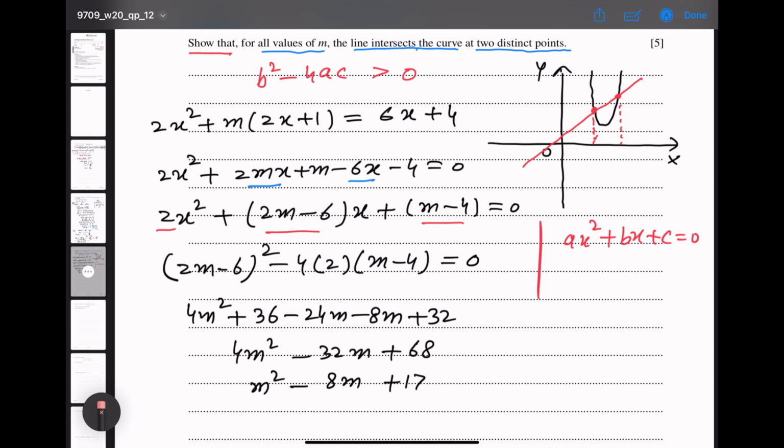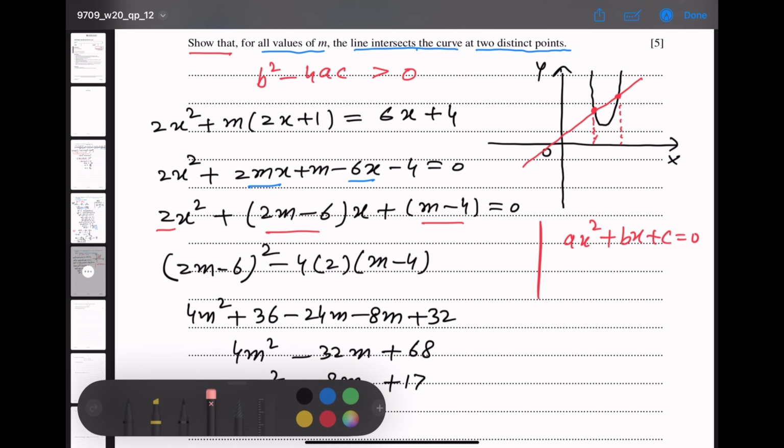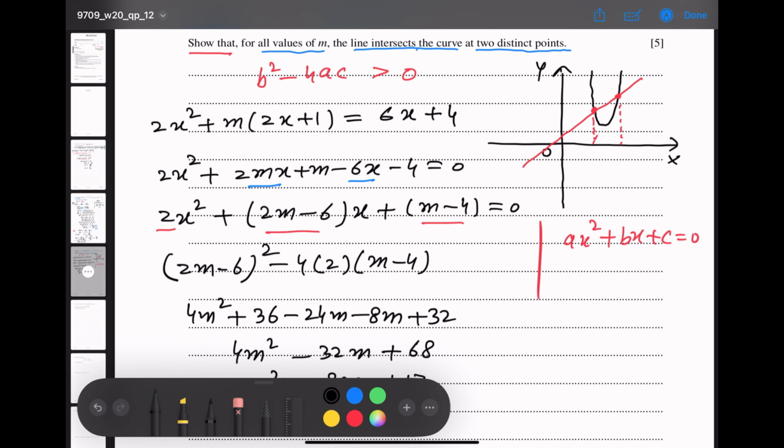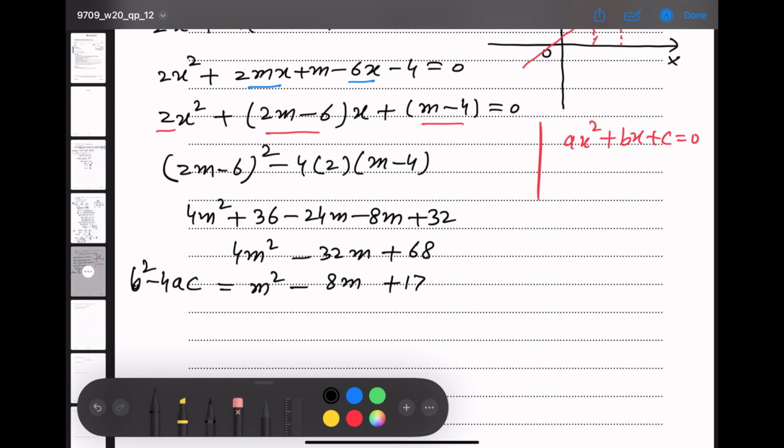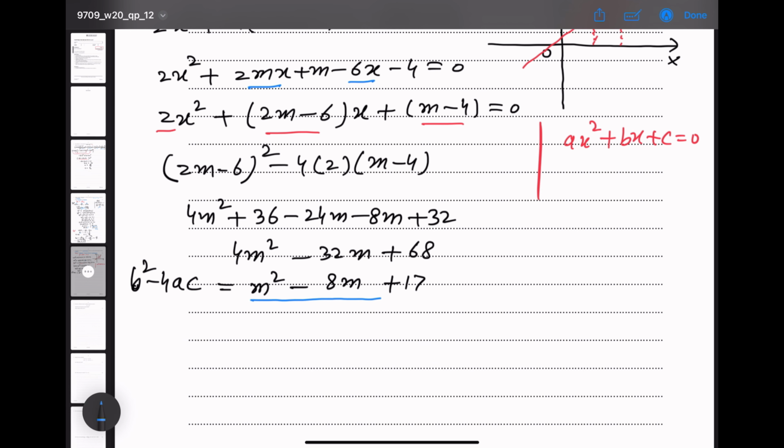This is just b square minus 4ac. Now we have to justify that for any value of m this is positive.